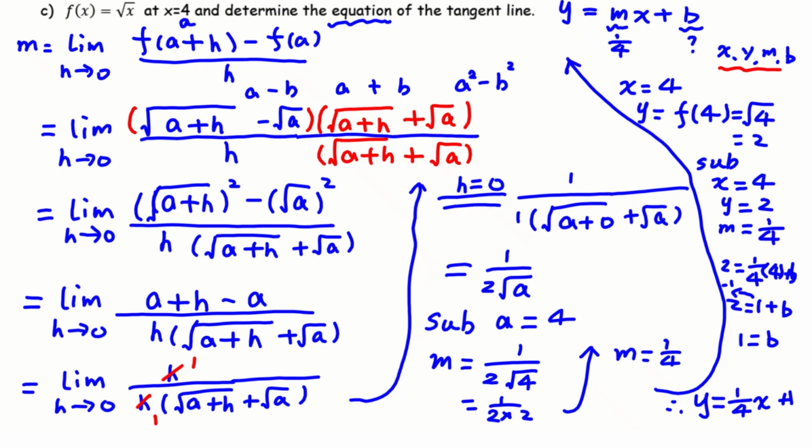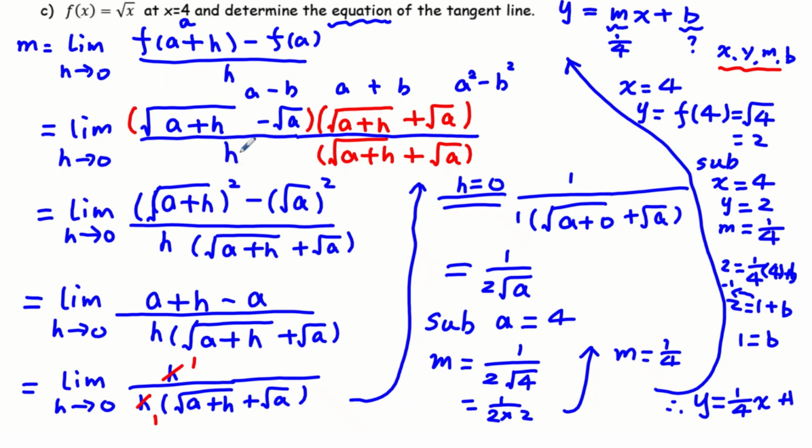So for this question, what we have done is we want to find the slope of the tangent line first. Step 1, limiting value formula. Step 2, subbing a plus h into the original function, subbing a into the original function. Then after that, because we have the square root, we want to rationalize the numerator.